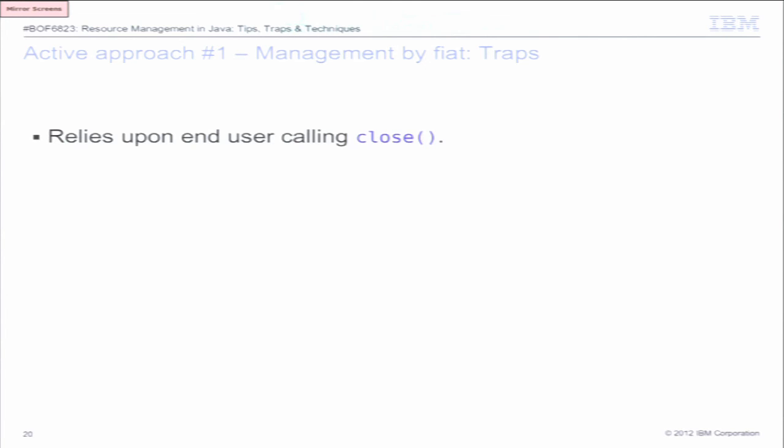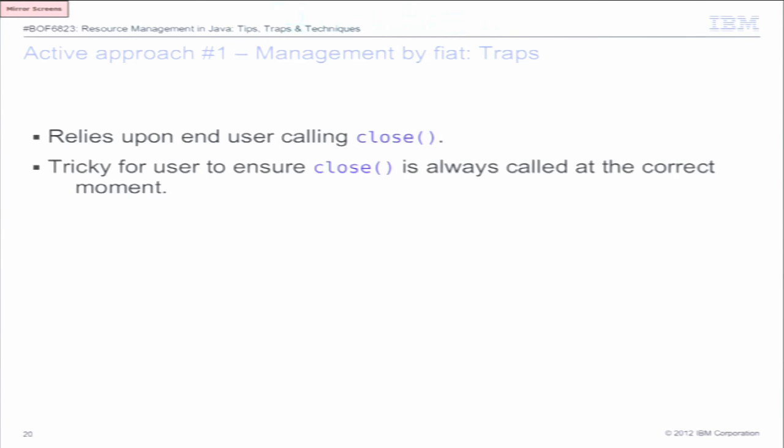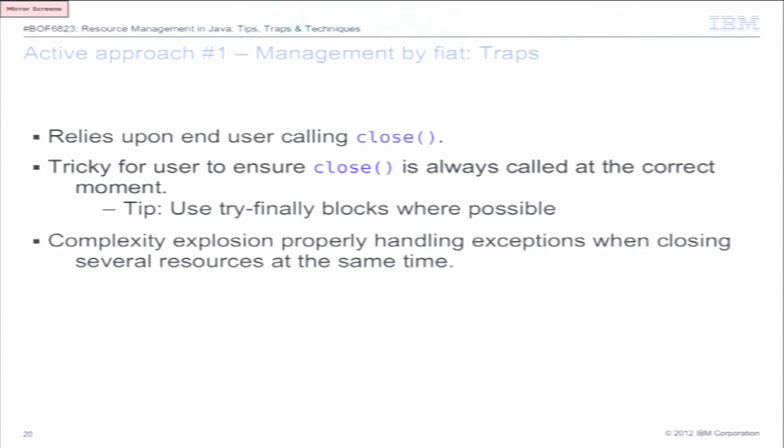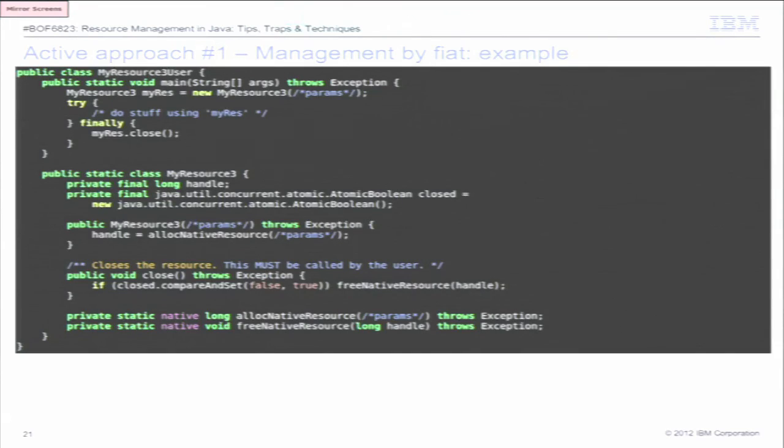So the obvious traps are that it relies upon the user actually calling the close method. It's sometimes tricky for the user to know exactly when the correct time to call close is, but use of try finally blocks will help there. And again, if you're closing off a number of resources, you get the same type of complexity in exception handling that we saw in our first case, so that the exceptions are all handled properly.